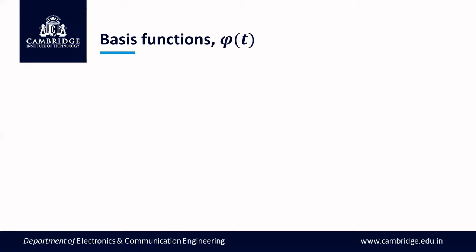The bandwidth and the frequency of this carrier signal should fall in the bandwidth of the communication channel. That's why the basis functions are the mathematical functions which will later represent carrier signals.